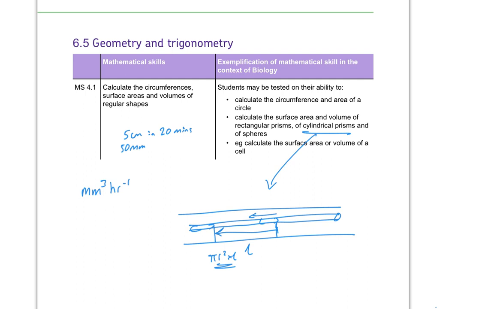Then I need to do 50 times pi r squared, because that's just the distance moved, not the volume. That'll give a certain volume, approximately 160 millimeters cubed. But that's per 20 minutes, therefore I need to times it by 3. So that's 480 millimeters cubed per hour.